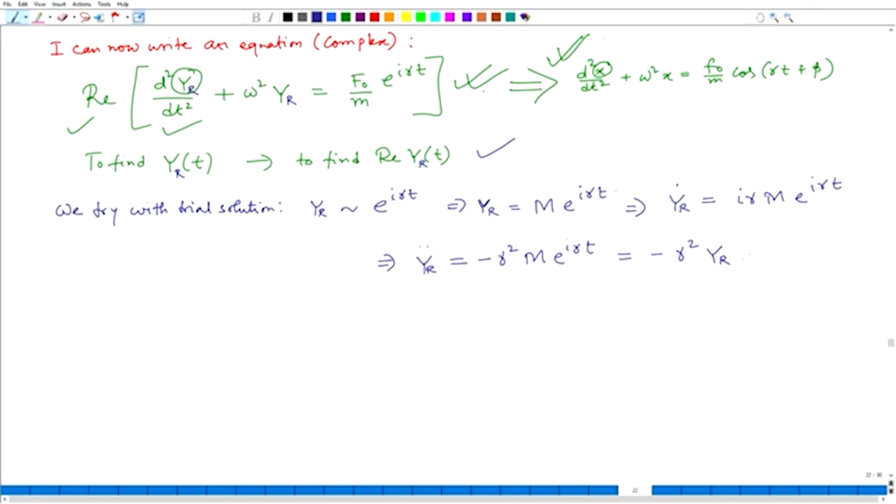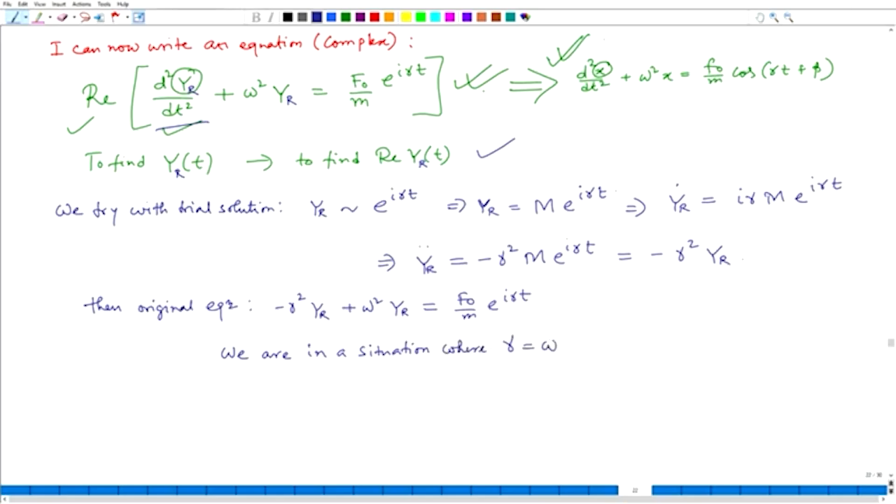So, you see that if this is the case, then the original equation gives minus gamma square yr plus omega square yr is equal to f0 by m e to the I gamma t, and we are in a situation where gamma is equal to omega.